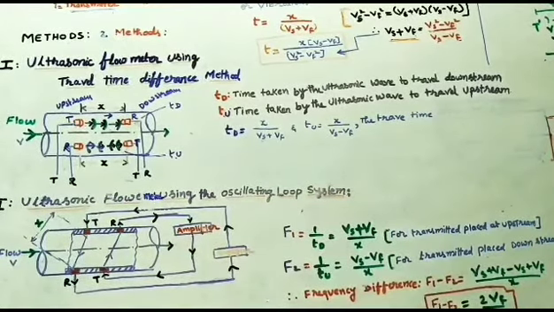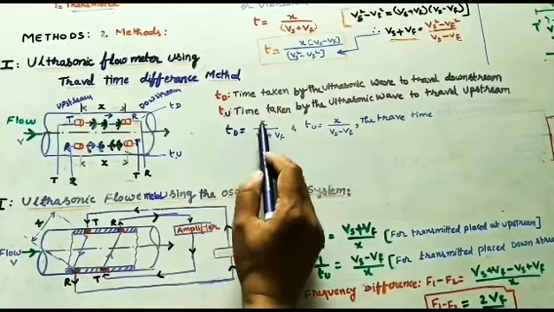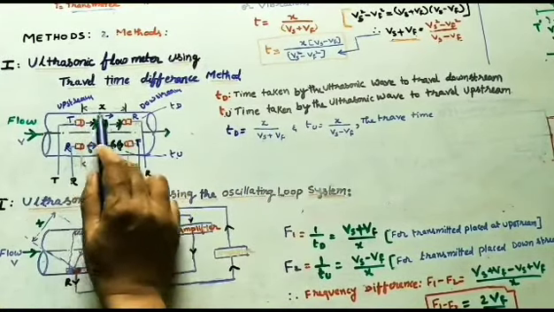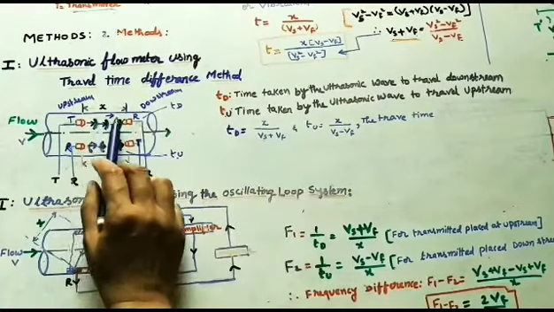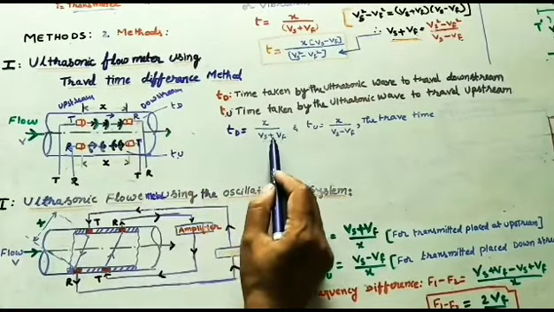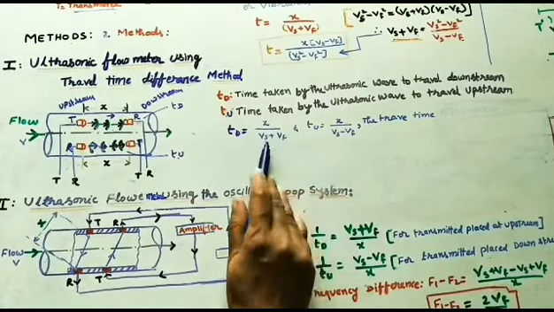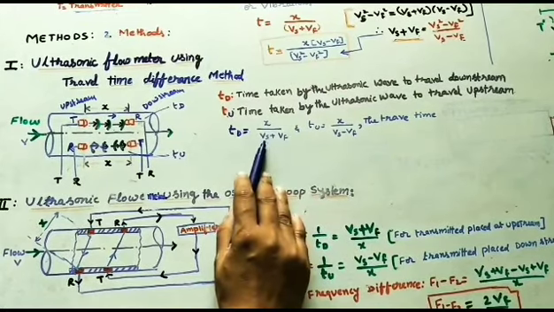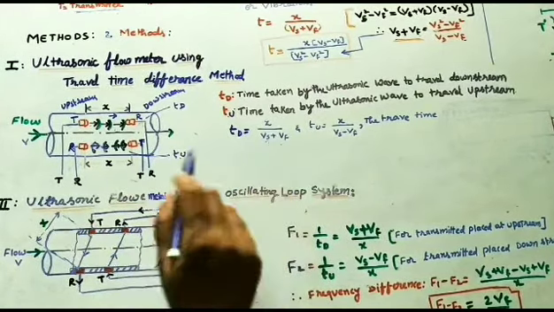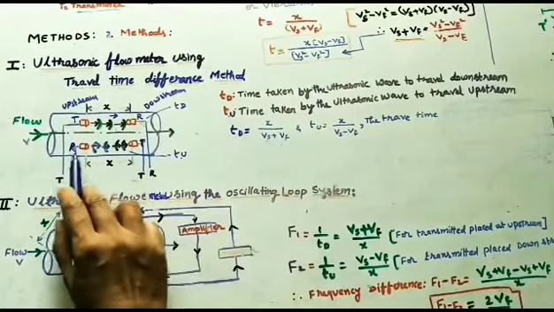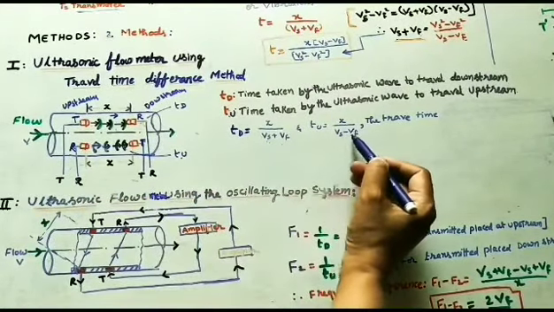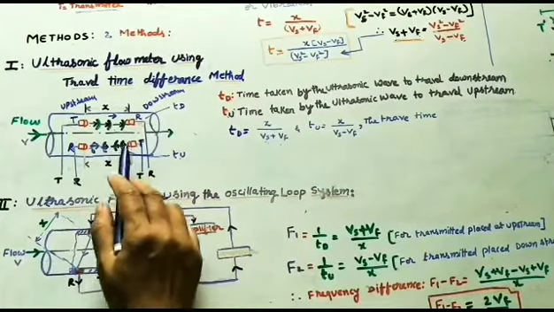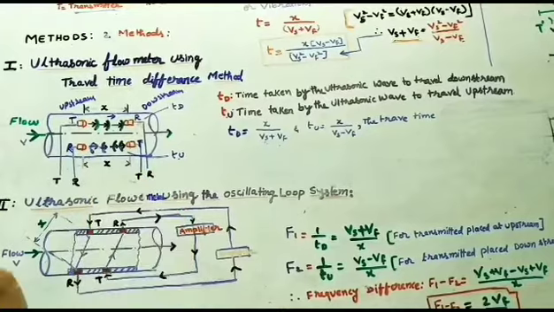Now what is the formula? Time is equal to distance, x distance, divided by the velocity. For TD, both the flow and wave are in the same direction, so Vs plus Vf, where Vf means flow velocity and Vs means wave velocity or sound velocity. For TU, it is the x distance, but the velocities are different, because the flow velocity is in one direction and the wave's velocity is in the opposite.